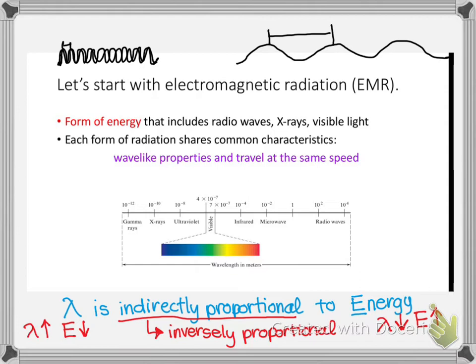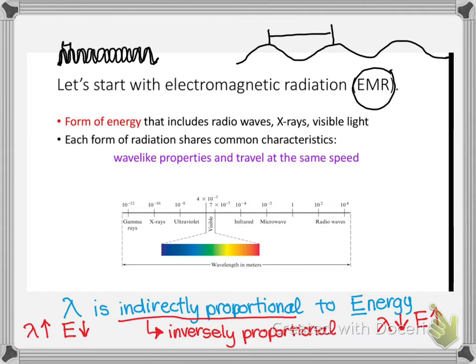Now, how does that connect to what we're talking about? Let's look at what's called the electromagnetic spectrum. Electromagnetic radiation, abbreviated EMR, is a form of energy that travels through space in waves. It's very common, and you will recognize the names.